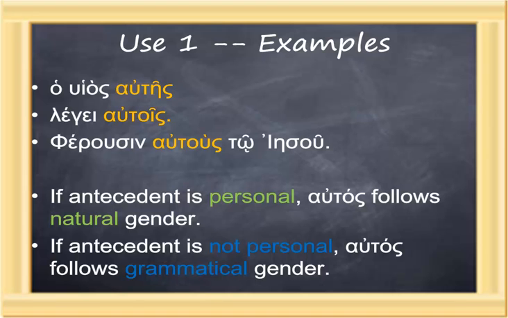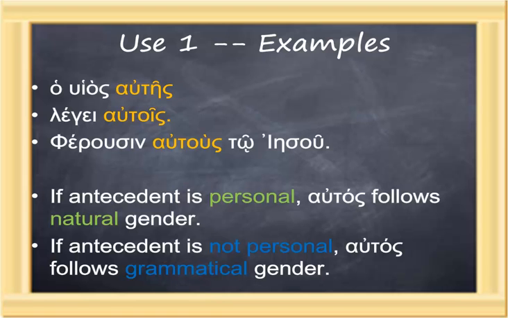The case of the pronoun is determined by its use in the sentence, but its person and number are determined by its antecedent. And here it gets a little tricky. If the antecedent is personal, referring to a particular person, autos follows natural gender.